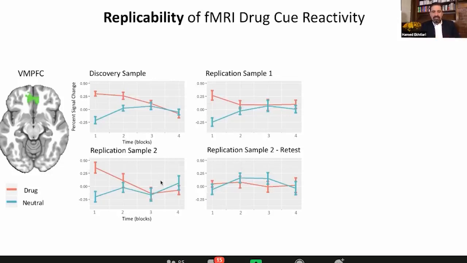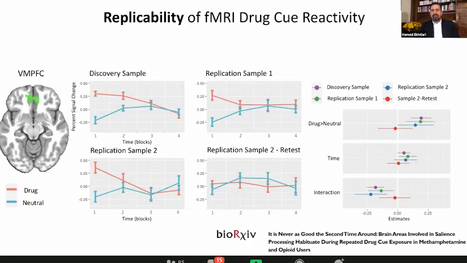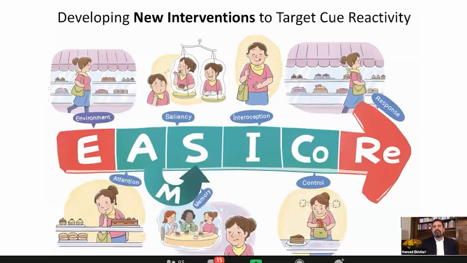As you can see here, for example, we had the same activations within sample 2, but when we exposed them again to the drug cues in retest, we didn't have that pattern of activation. So that is quite important in terms of exploring these replications. And we have done that recently, and there are publications on that replication, but there are still many areas for future collaboration on replicating what we have developed.